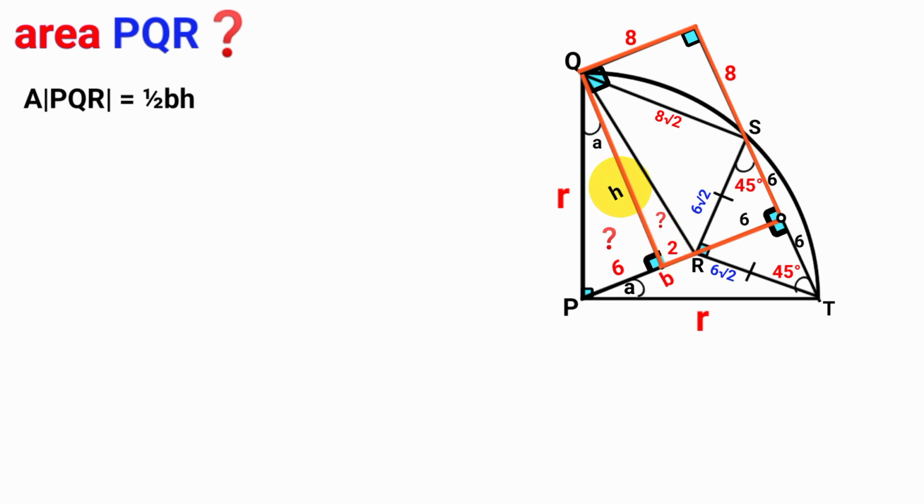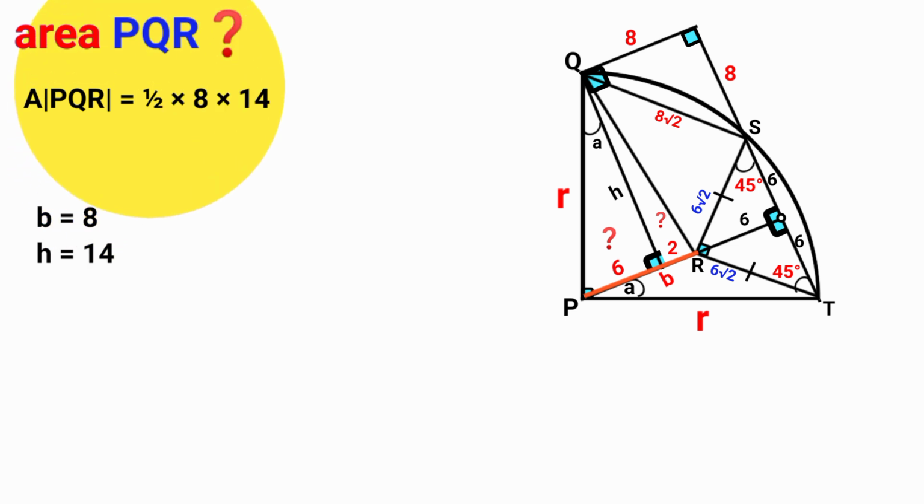And since this is h, while this is divided into this 8 and this 6, h equal to 8 plus 6, which is 14. Here, b is the sum of this 6 and this 2, which is 8. So b equal to 8 and h equal to 14.